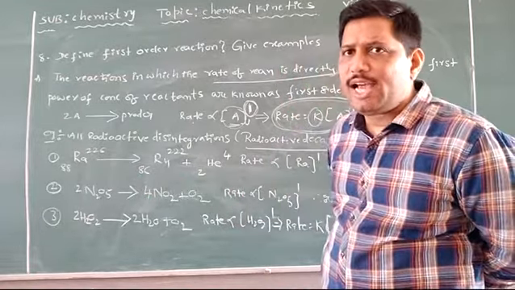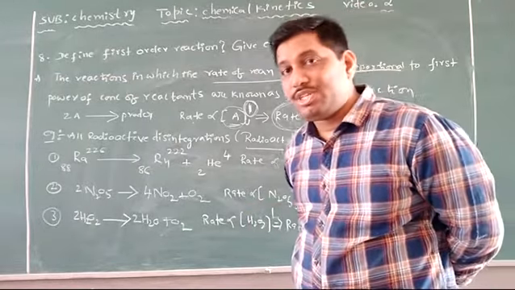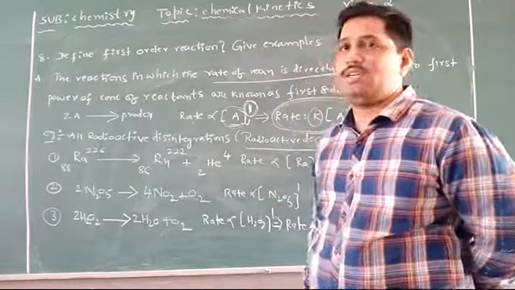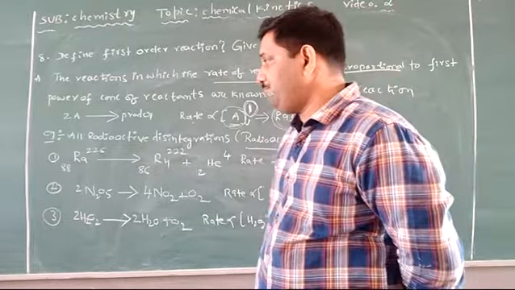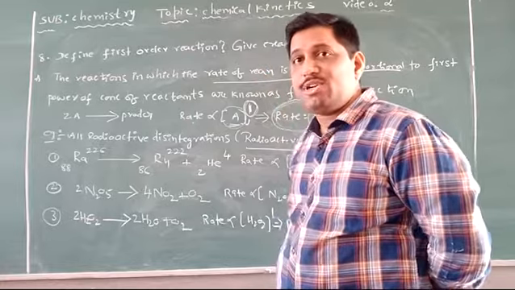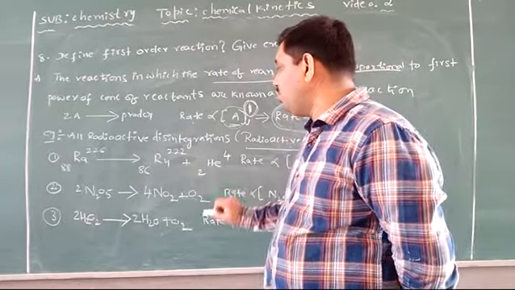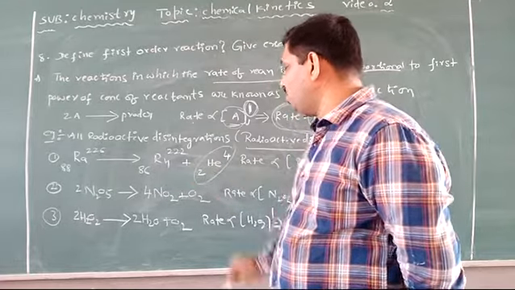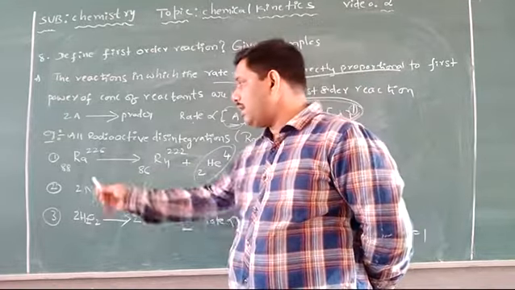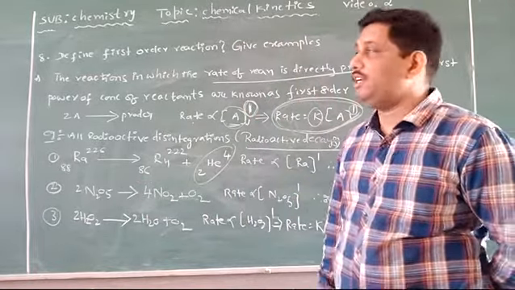All the radioactive disintegration reactions are good examples of first order reaction. Very important, student. That is radium 88-226 undergoes disintegration. It forms radon 86-222 plus helium-4, which is known as radioactive disintegration reaction or radioactive decay reaction.